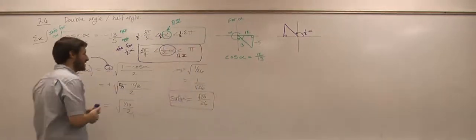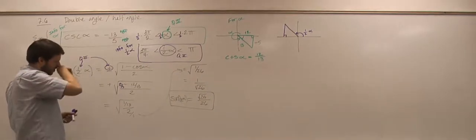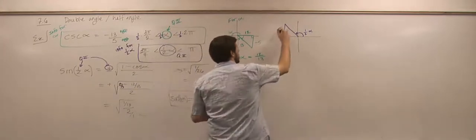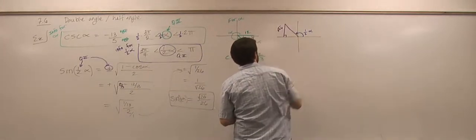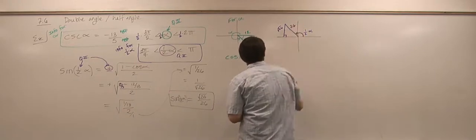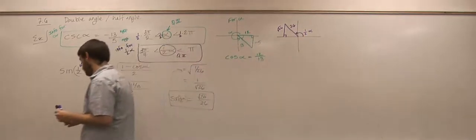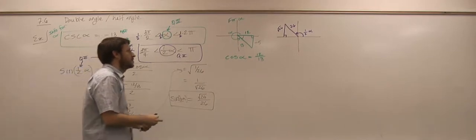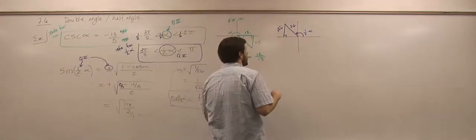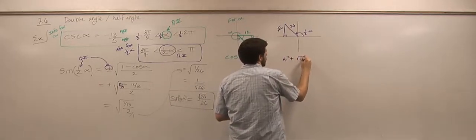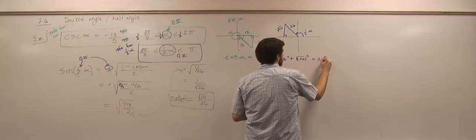How am I going to label my sides? Opposite is root 26. And hypotenuse is 26. So you have to do the Pythagorean theorem. A squared plus root 26 squared equals 26 squared.